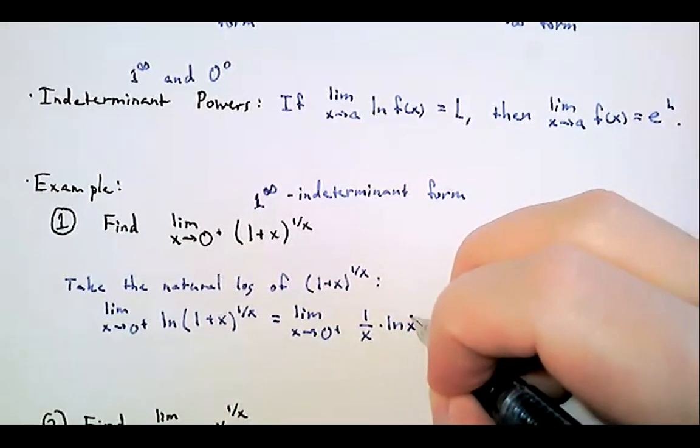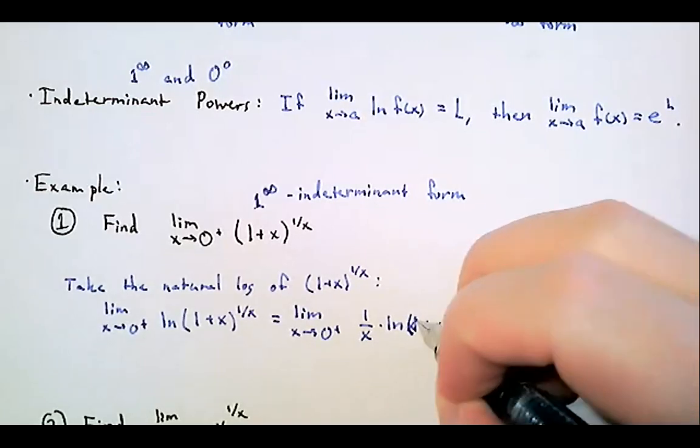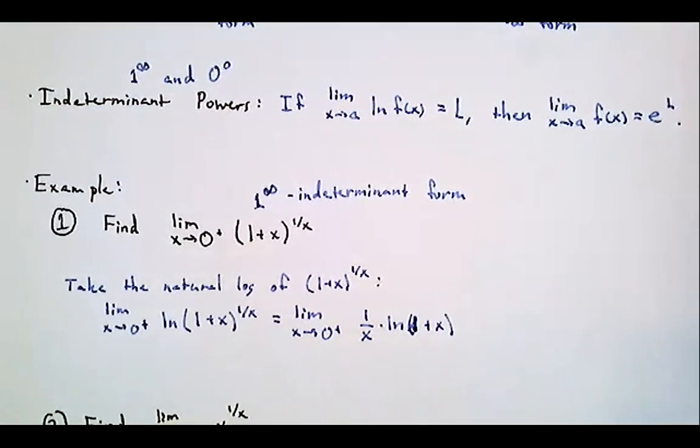Excuse me. There should be a 1 plus x in here. Okay, so the way it's written here, we have something like an infinity times a minus infinity.